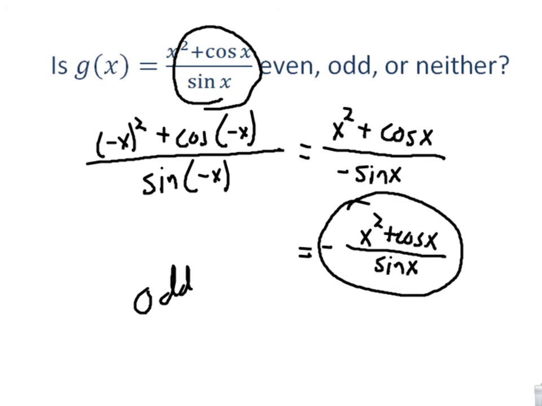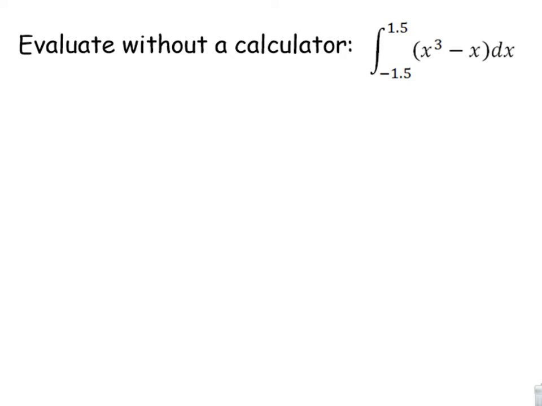Now this last example here is kind of applying what we just learned to a fairly easy one. We want to evaluate this definite integral without a calculator. It goes from negative 1.5 to 1.5, and we've got x cubed minus x dx. Well, we know this here is an odd function. So I'm just going to draw any odd function, not necessarily this one.